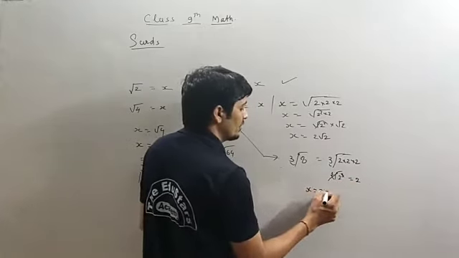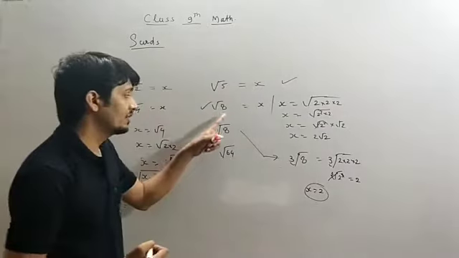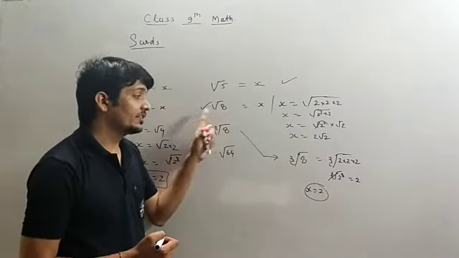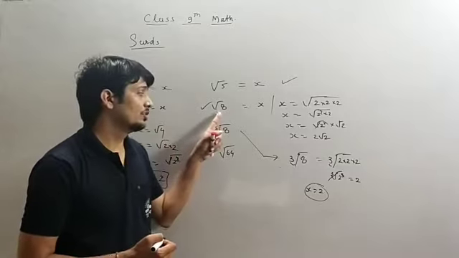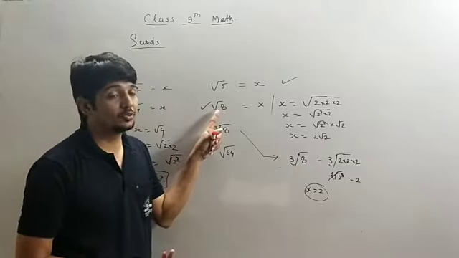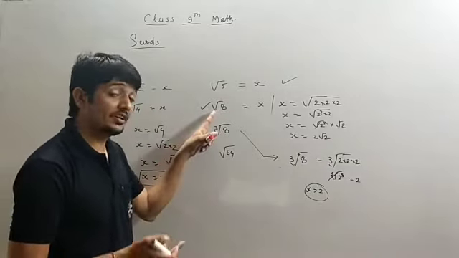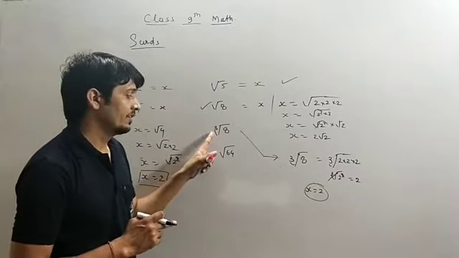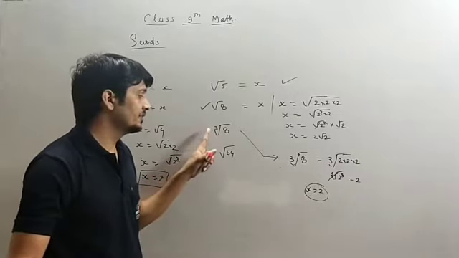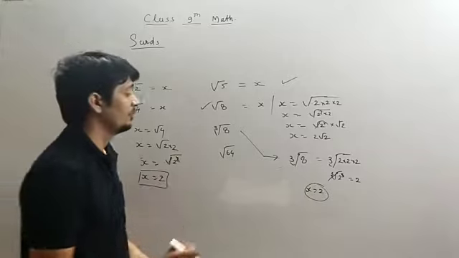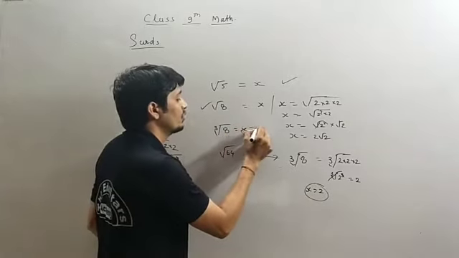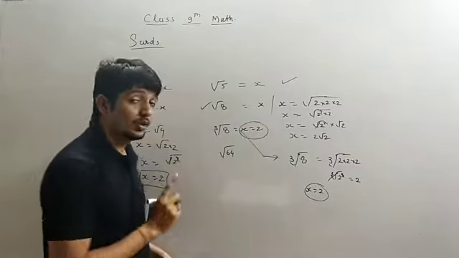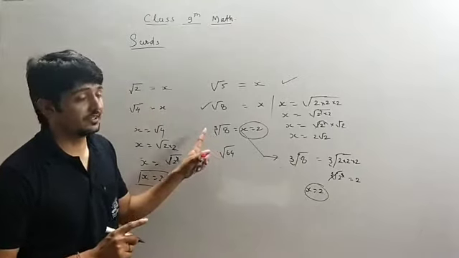Therefore x equals 2. So 2 is a rational number, not an irrational number. That means it is not a surd, because here x equals 2.